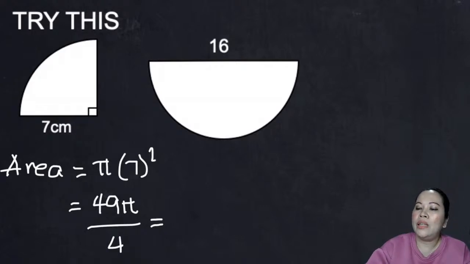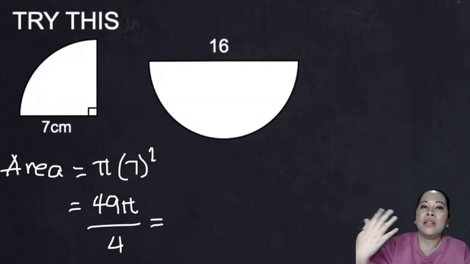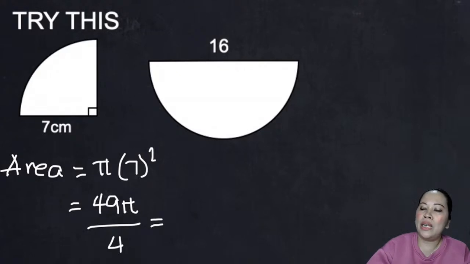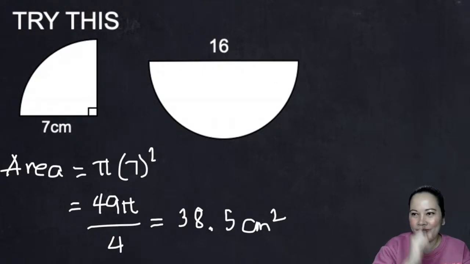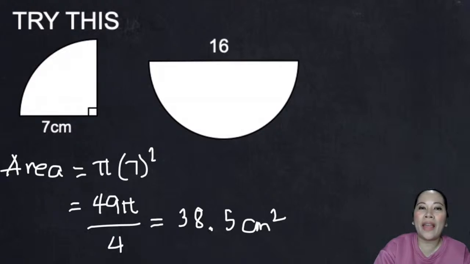Or you can give your answer to one decimal place. If it's to one decimal place, this will be 38.5 centimeters squared. Okay, so that is our area.